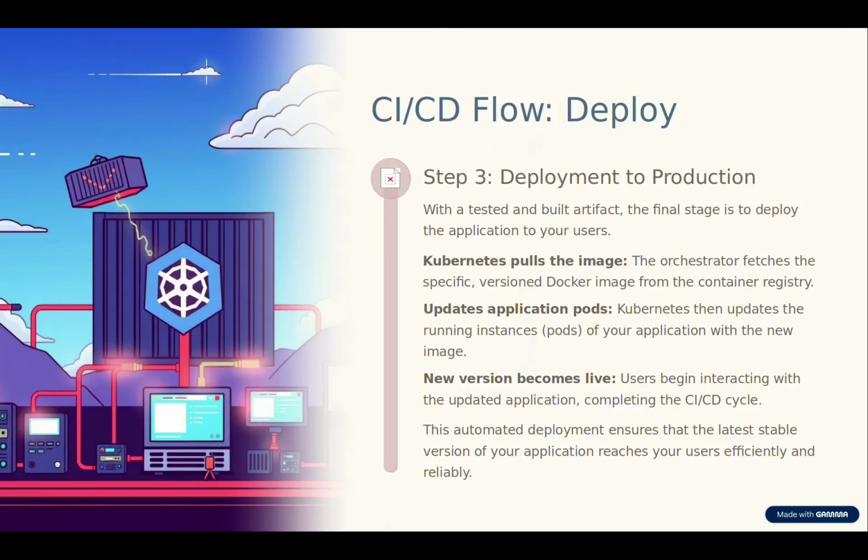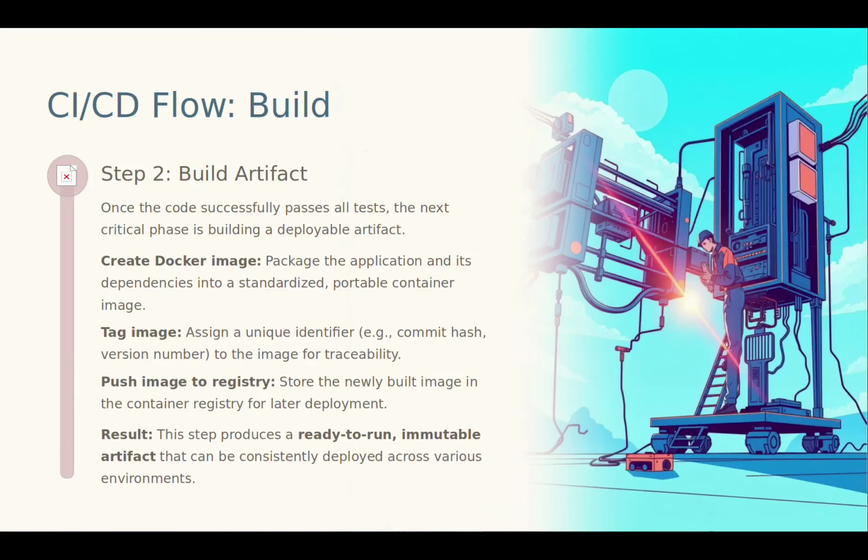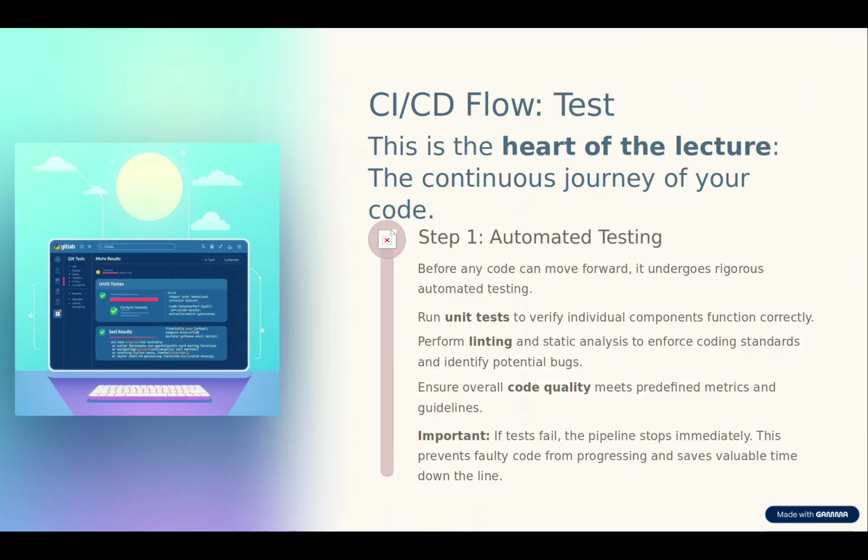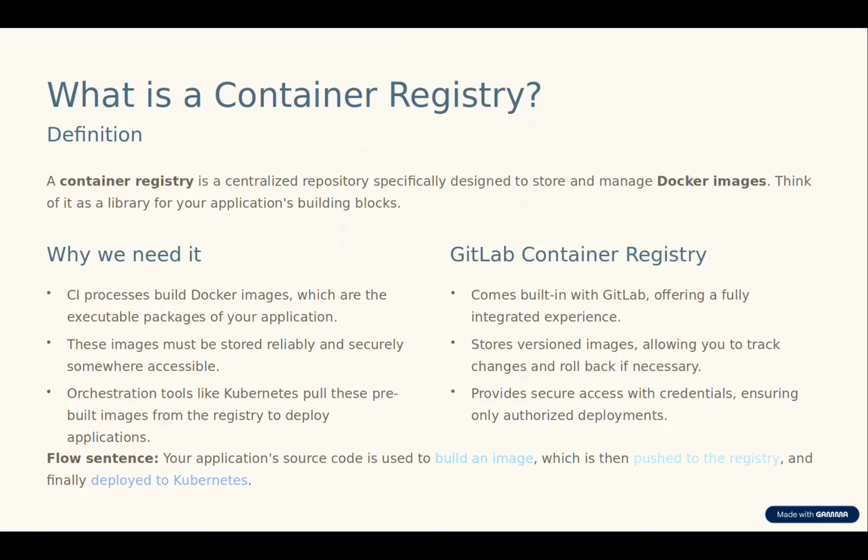This guarantees that what we test is exactly what we deploy. GitLab includes its own container registry, which fits perfectly into a CI/CD pipeline. We can use the GitLab registry, we can use Docker registry, or we can use an open source registry like Nexus or anything else, so you have many options.